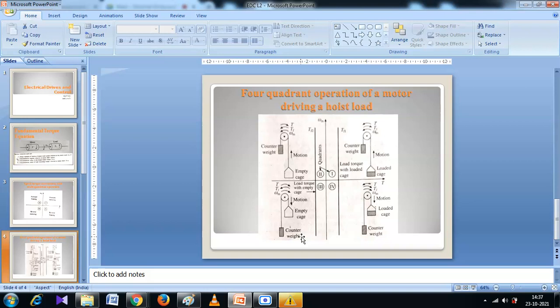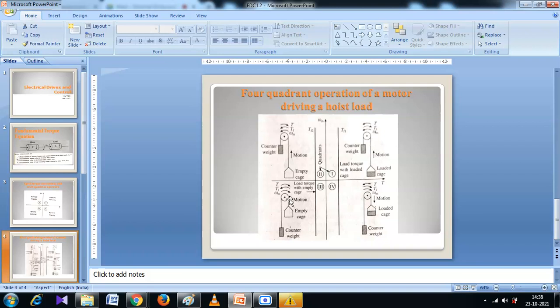Am I right? Yes, sir. So we have to develop torque here in a clockwise direction by the motor, such that the empty cage goes downward and the counterweight goes upward.